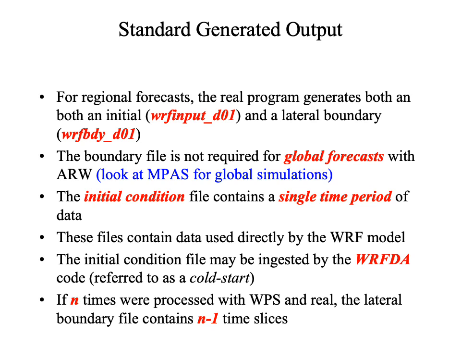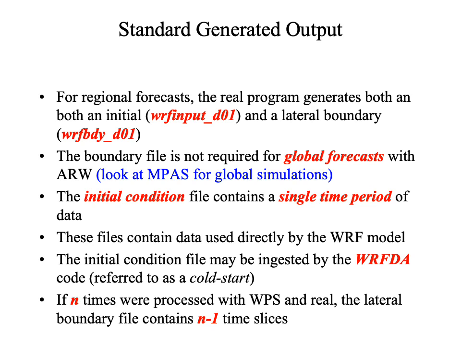That information is modified, vertically interpolated, some diagnostics are computed, and then files are generated for use in the WRF model. For regional forecasts, the real program generates two files, the WRF input and the WRF boundary file.